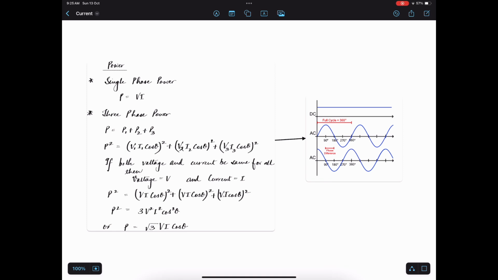In the first case, it is high positive at 90 degrees. In the second case, it is high positive at 0 degrees.